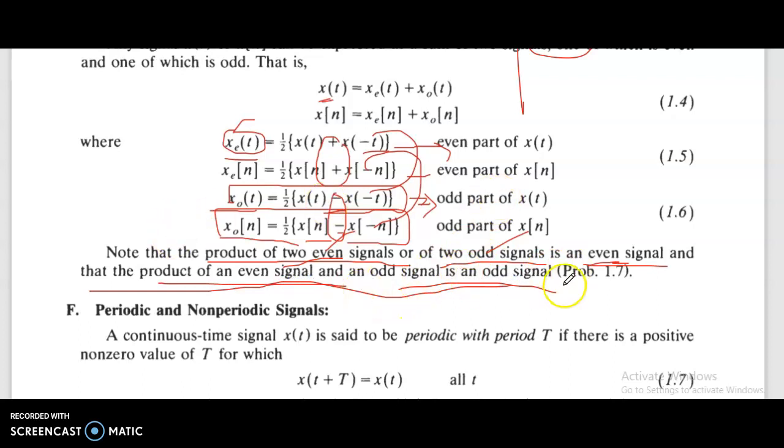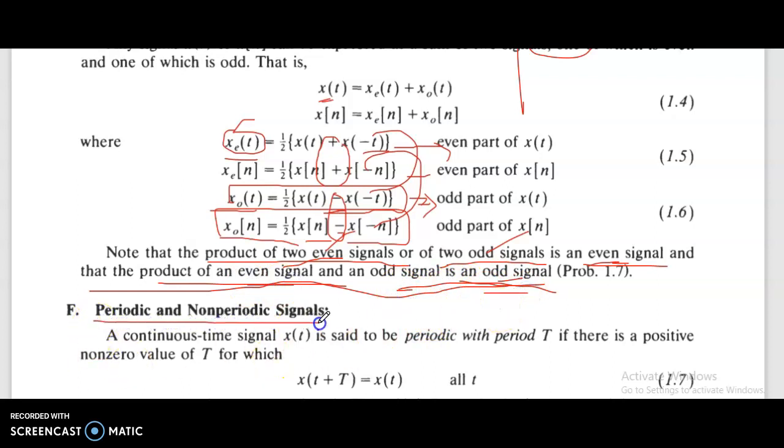Plus plus or minus minus gives even. Plus into minus or minus into plus gives odd. It means one even signal multiplied with one odd signal equals an odd signal.